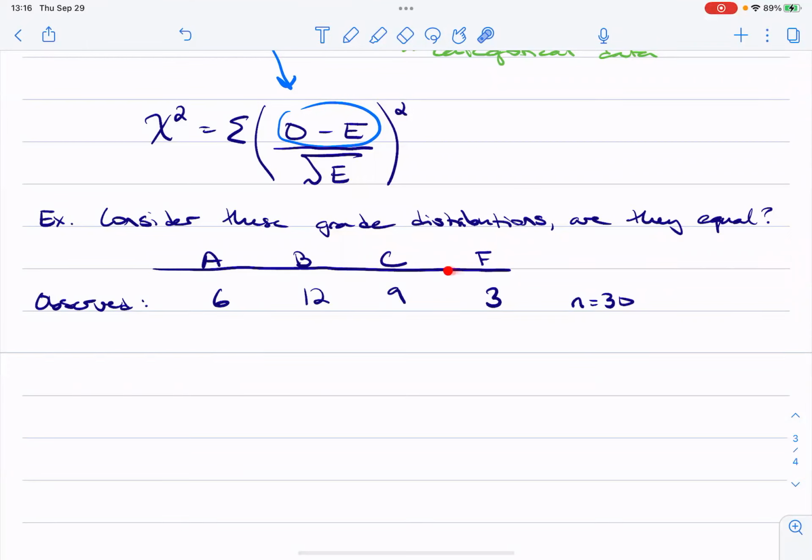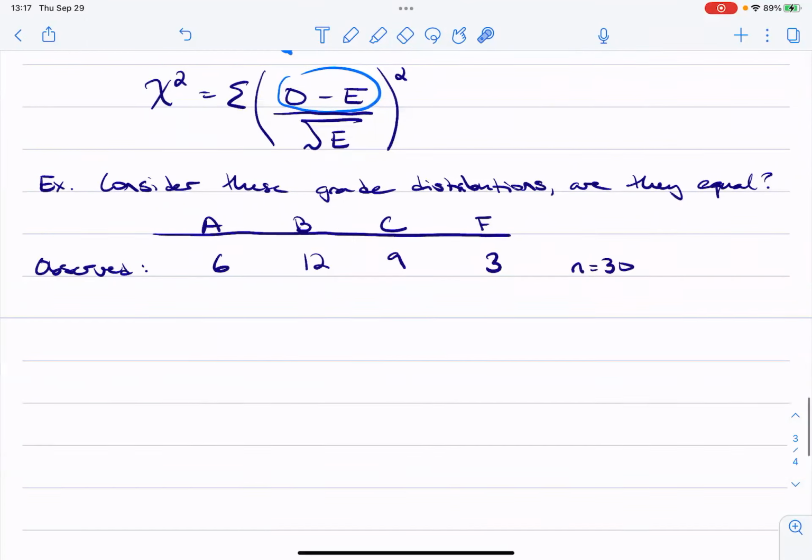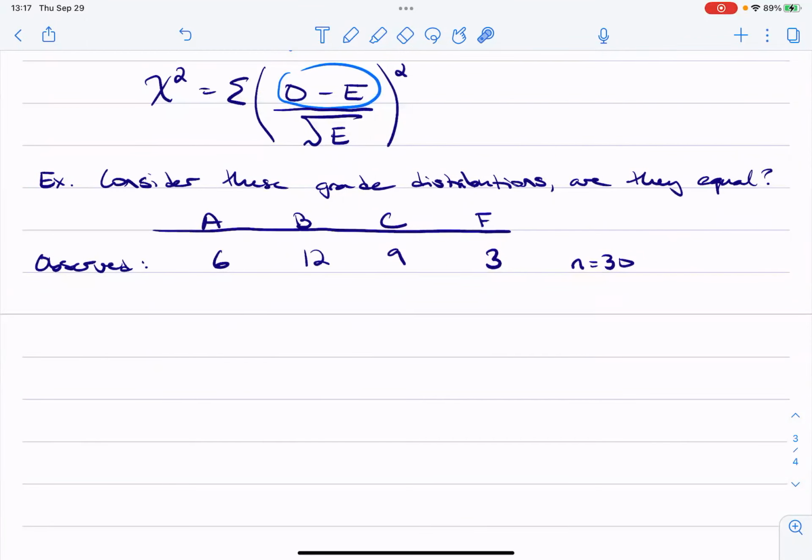Just looking at these, we would probably say, no, I don't think that they're distributed equally. There seems to be some sort of trend towards a B and a C grade, or at least the upper half. And so what we can say is if they were distributed equally, then I would expect this 30 to be distributed equally.